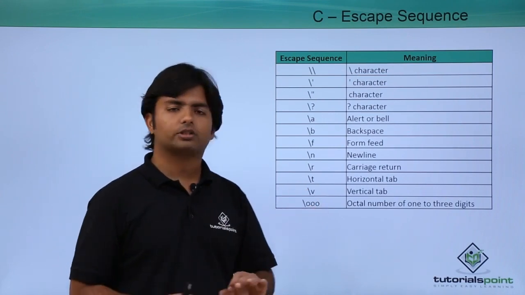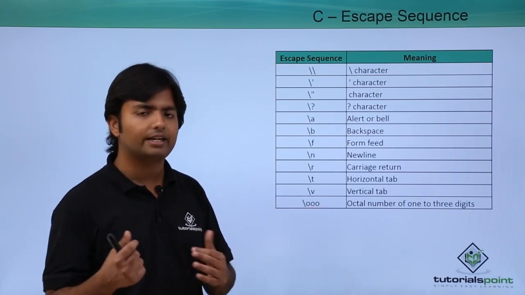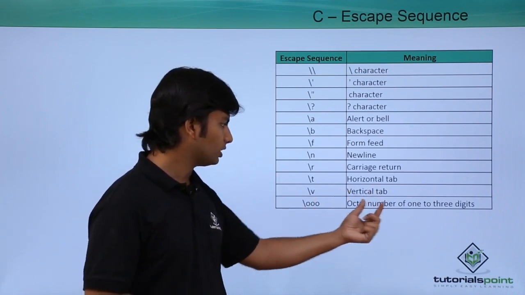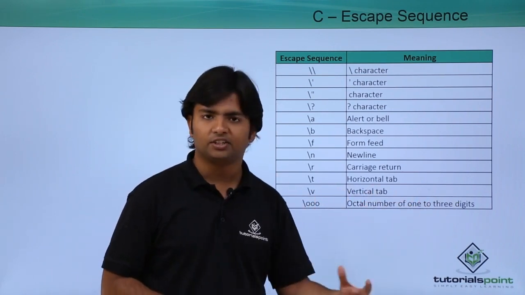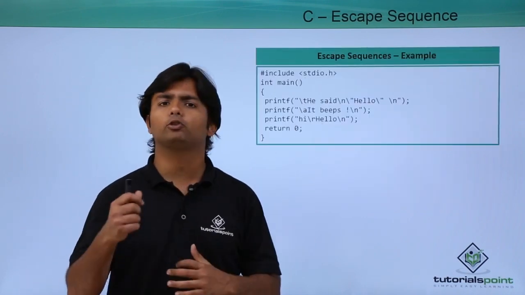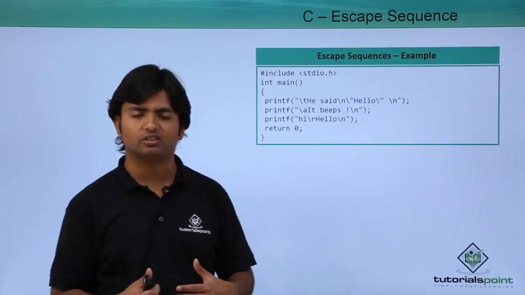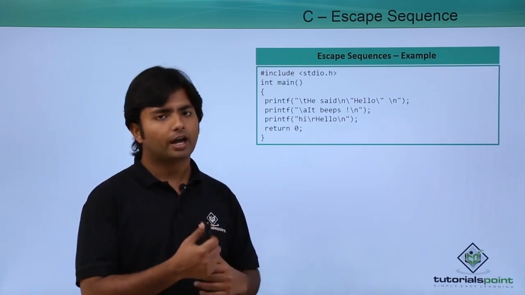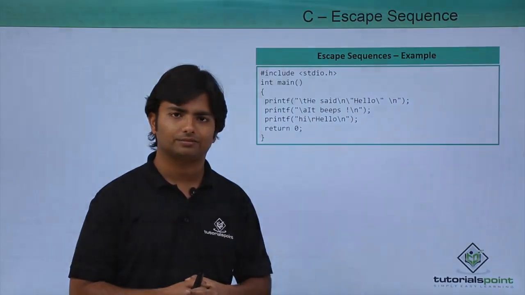And if you want to print an octal value, you can use backslash followed by an octal number of 1, 2, or 3 digits. Here we also have an example where we have used many escape sequences, but rather than discussing this program here, let's go to the system and try it practically.